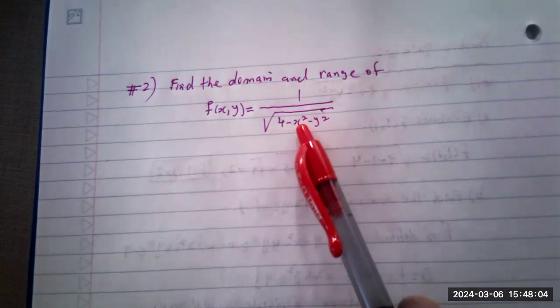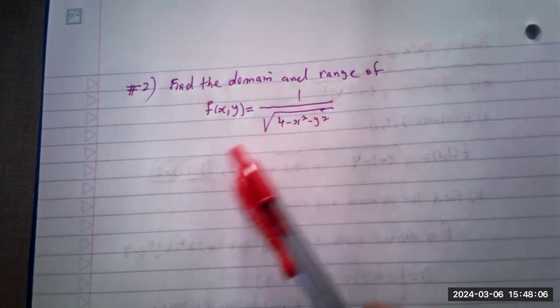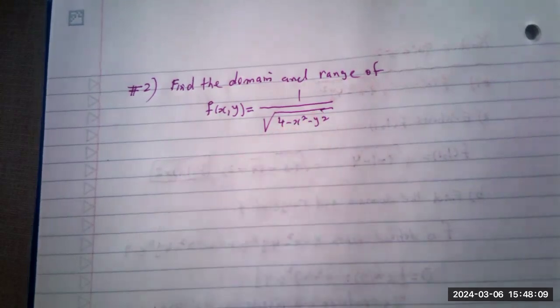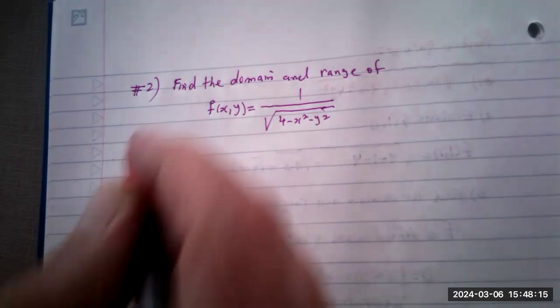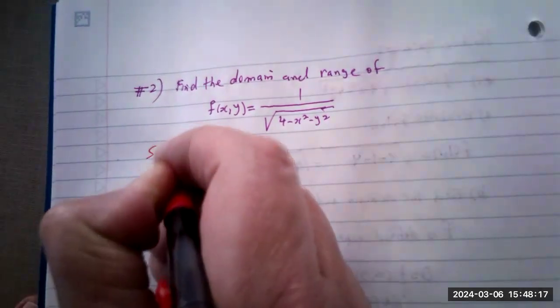But since you cannot have 0, the condition is going to be only that 4 minus x squared minus y squared must be strictly bigger than 0. So this is how we get the solution.